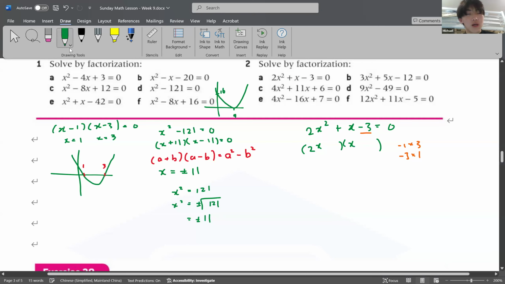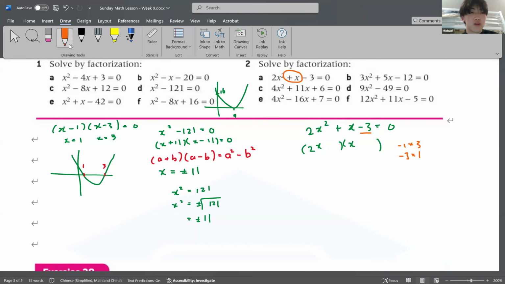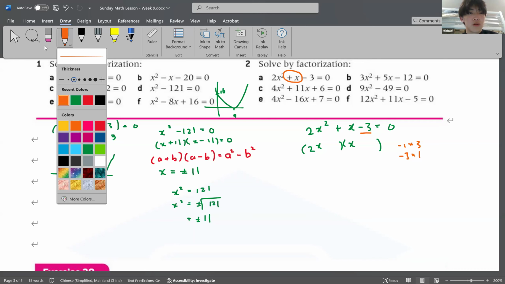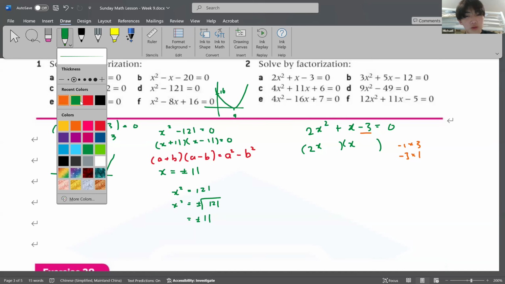So by looking at the middle number, you can roughly rule out some combinations. There are 4 of them, but knowing that the middle one is a plus 1, we can simplify a little bit. So how do we get a plus 1? If we have 2x times 3 and x times minus 1, that is like plus 5. So I'm really quickly trying out every combination to see if I get 1.